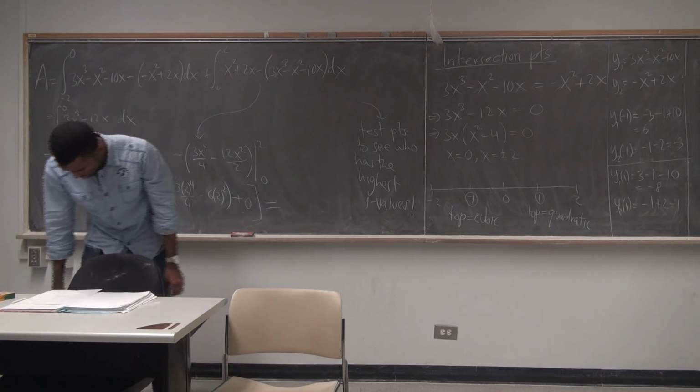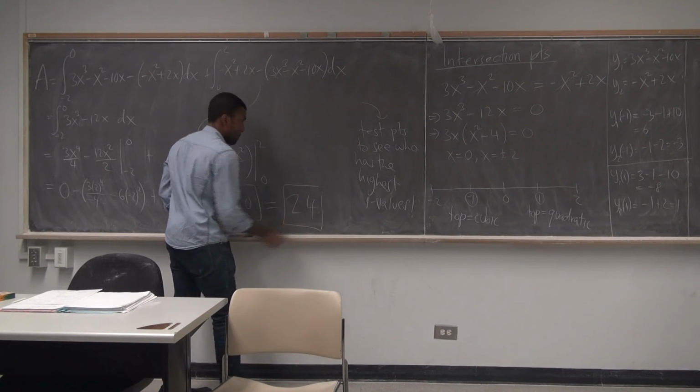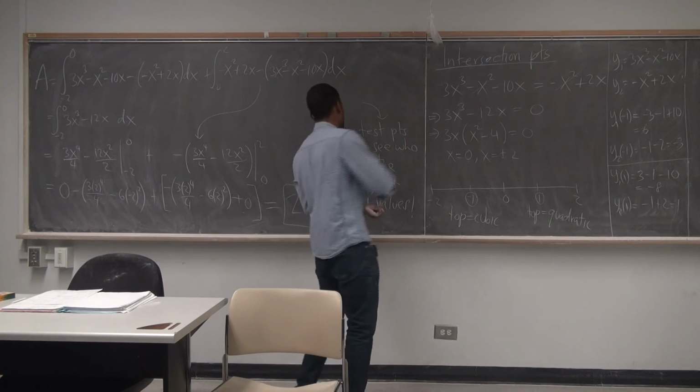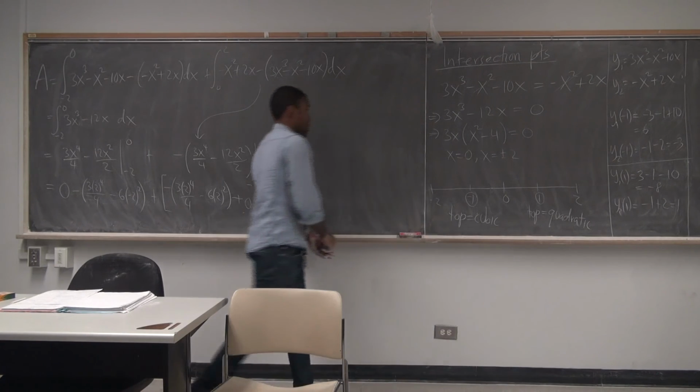So that's actually 2. You do the common denominator and all that. Alright, so that's an option.